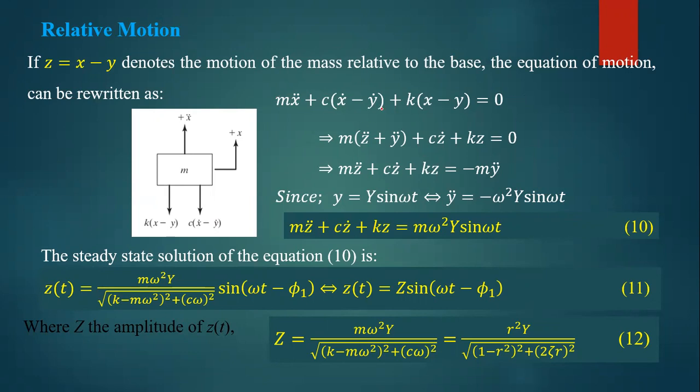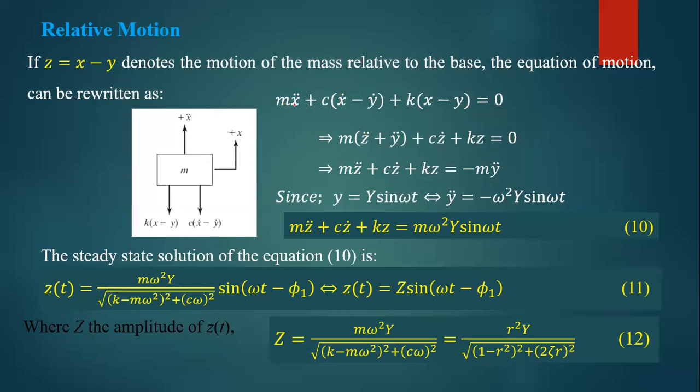Then we substitute: from this relation x is equal to z plus y. So x dot dot means z dot dot plus y dot dot. Then finally we can get this equation: x dot minus y dot is equal to z dot, x minus y is equal to z.